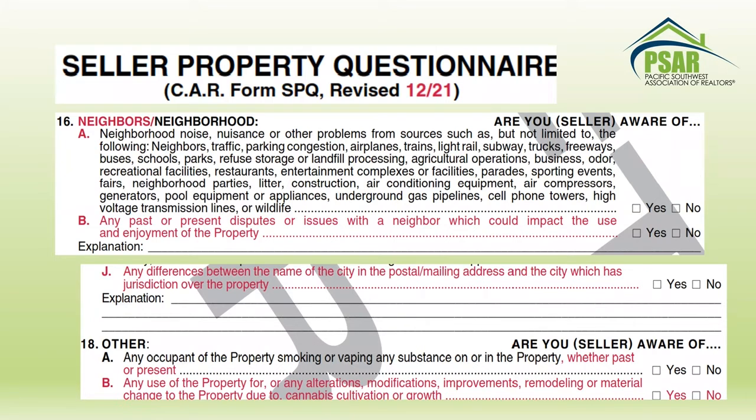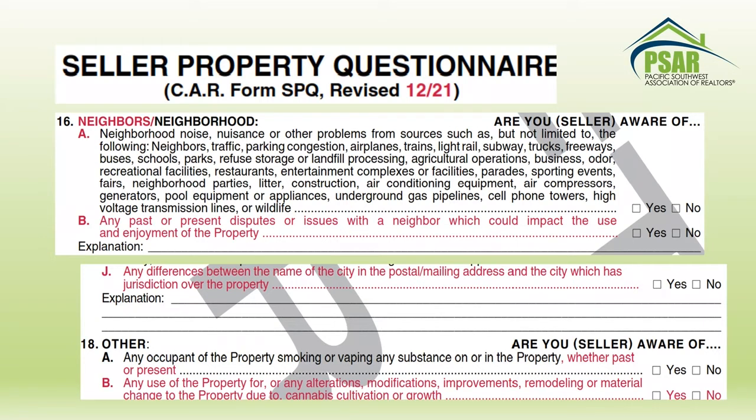One perfect example is the city of Bonita and Chula Vista. We have homes that say they're in Bonita, California, but they actually fall in Chula Vista. And we just had one where we had a huge title issue over it because they couldn't understand the differentiation, because the actual address said Bonita, but Chula Vista has the authority over it. So that's what that's referring to.